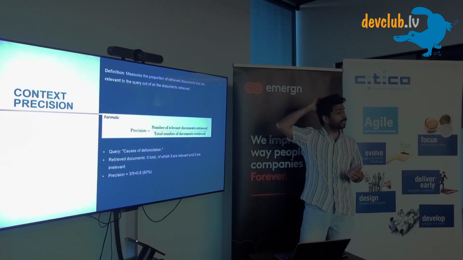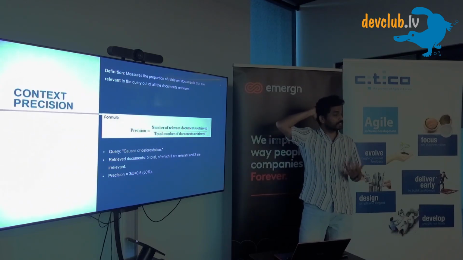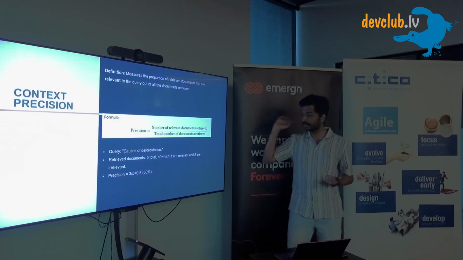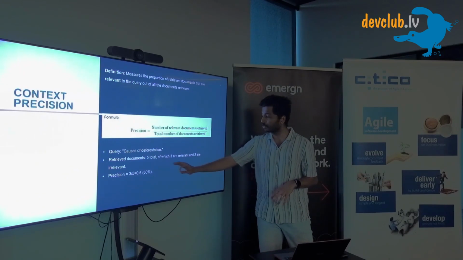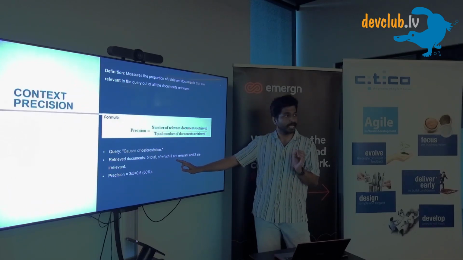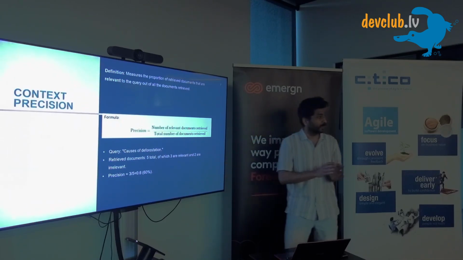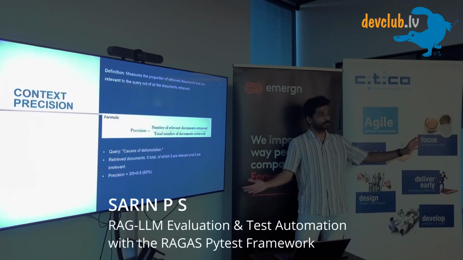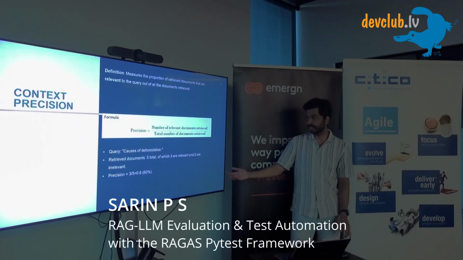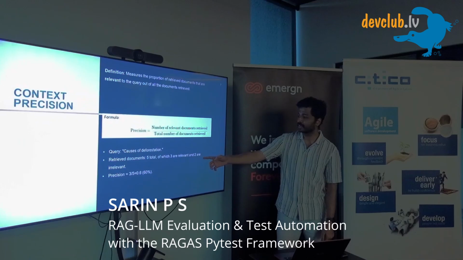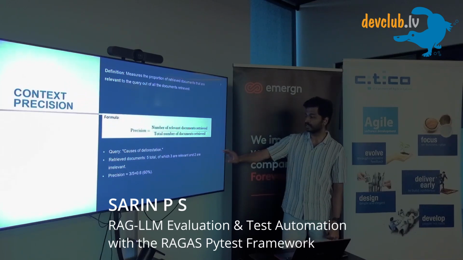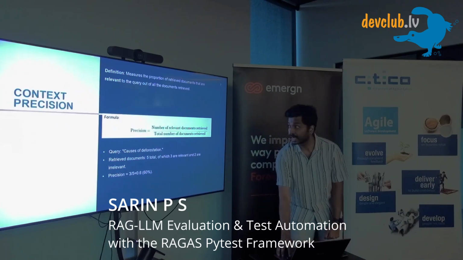Going back to the previous question, we were searching for theaters in Sweden, but out of the 5 documents we got, only 3 had theater details of Sweden, and 2 were of no use. So the precision went down to 60%. This is how we do that.